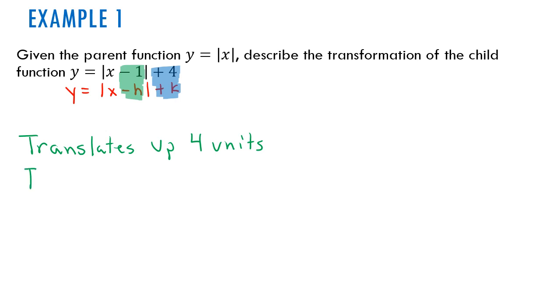So it translates to the right, it does the opposite, 1 unit. And we have now described the transformation from the parent to the child. And that is all that's being asked of you.